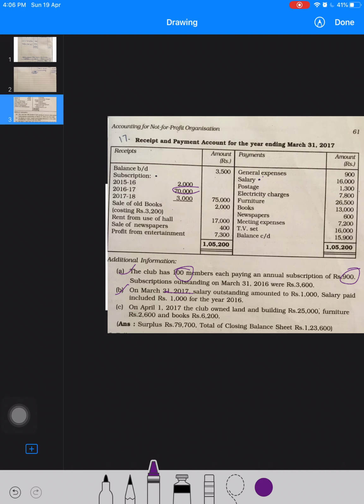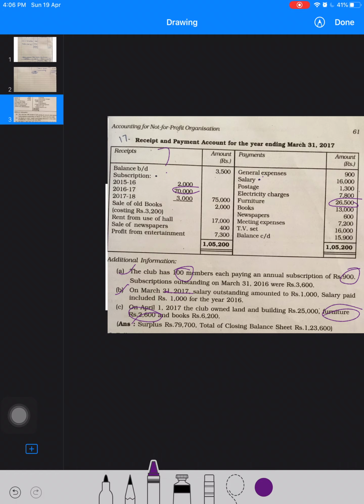Just see whether last year any stock was there. Yes, we can see here furniture 2,600. This 2,600 of last year we will show in opening balance sheet, and in this year's balance sheet, this asset will carry forward plus whatever we have purchased, 26,500. And whenever any asset is there, you should always see in the receipt side also whether any furniture is sold off. If any asset is sold off, but nothing has been sold here.